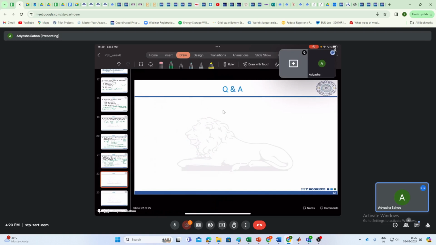Now next question. A 132 kV, 50 hertz transmission line has weight of conductor as 750 kg per kilometer, span length L as 250 meter, ultimate strength as 3600 kg, safety factor 2.